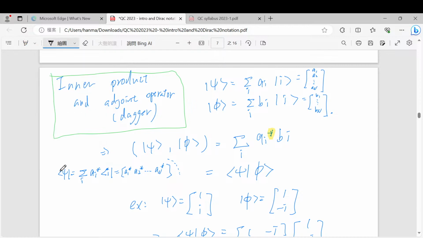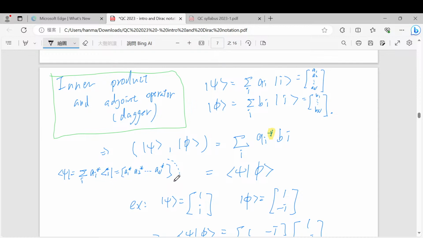If we use this bra psi definition, then it's nice, because bra psi is the summation of ai star and the bra of i, but bra of i is just the row vector i.